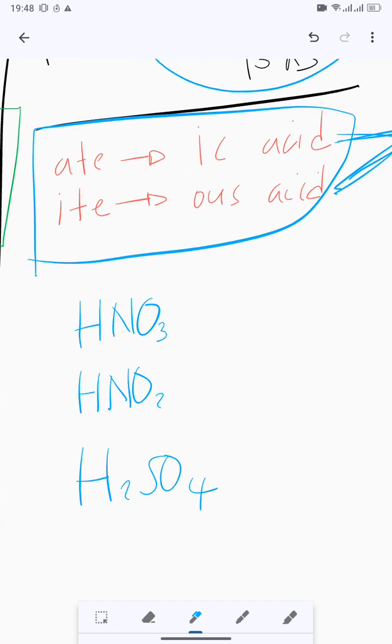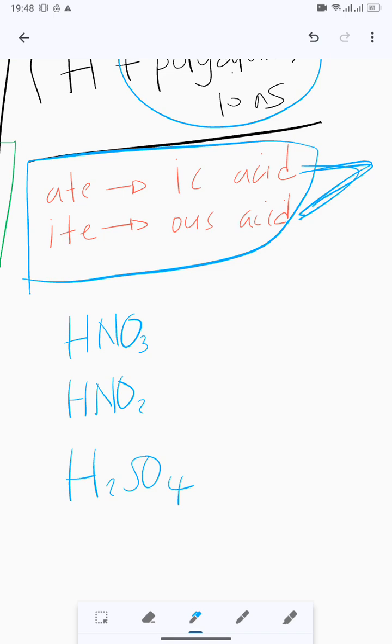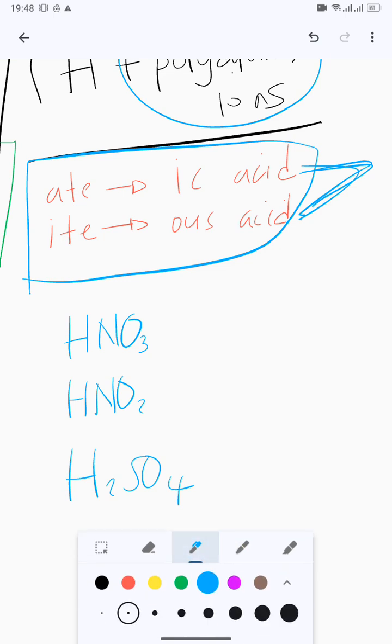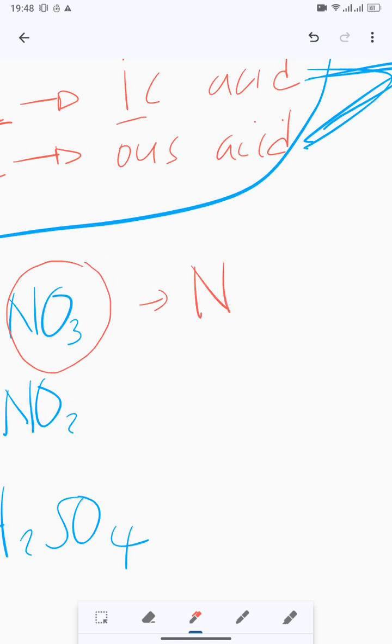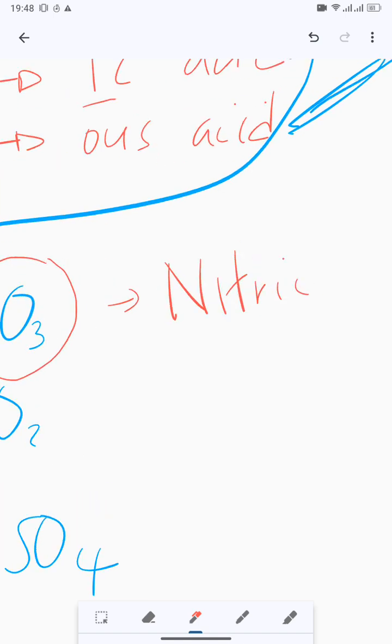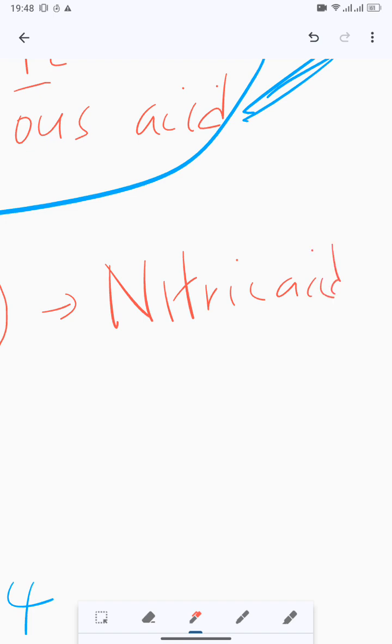Now, the first thing I've noticed is that for this one, I can see my nitrate. Once I see my nitrate, I see ATE, so that means this is an ic acid. So how will I name it? Very simple, nitric acid.